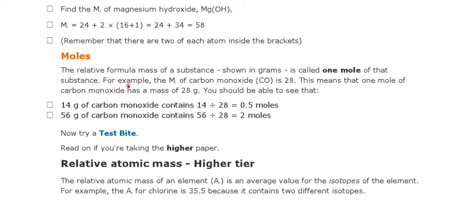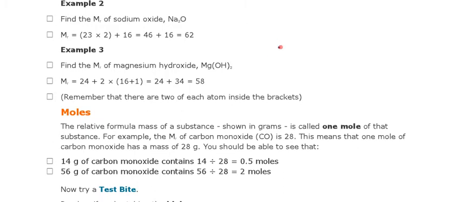Now, how can we relate this relative formula mass to convert it into a mole value? The relative formula mass, expressed in gram, for any substance can be considered as 1 mole. For example, I mention 18 gram of water.